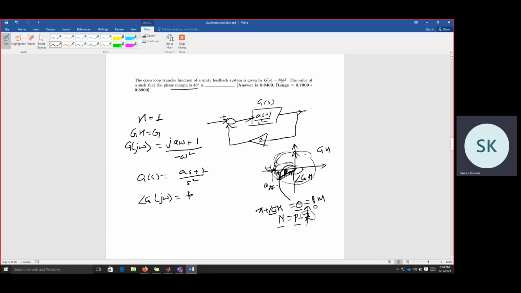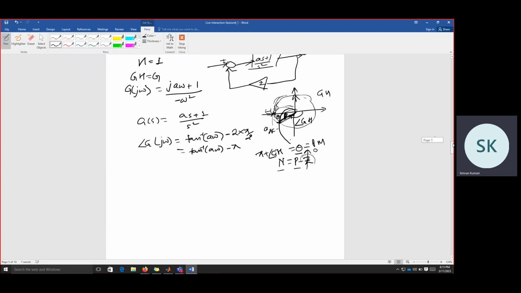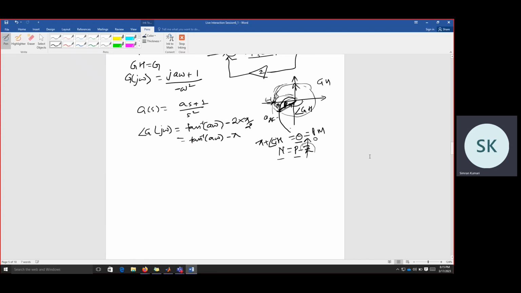This will be tan inverse A omega, and due to the s square in the denominator, it will have 2 into pi by 2, and the numerator's constant is unity. So tan inverse A omega minus pi. Okay, so this is the angle of G of j omega.